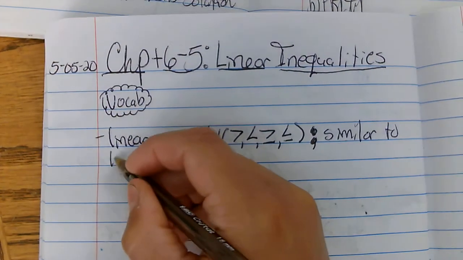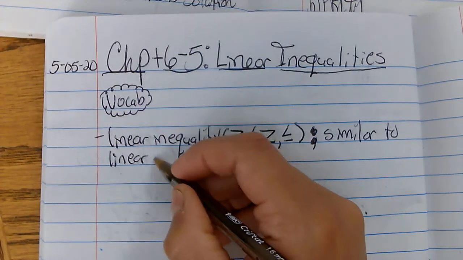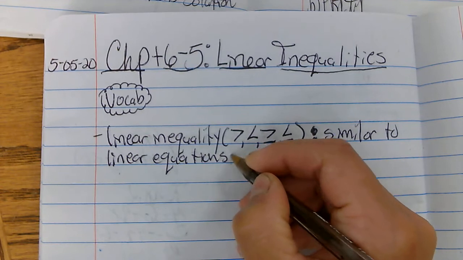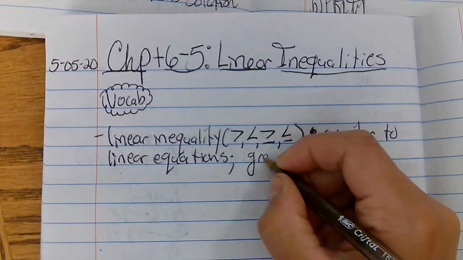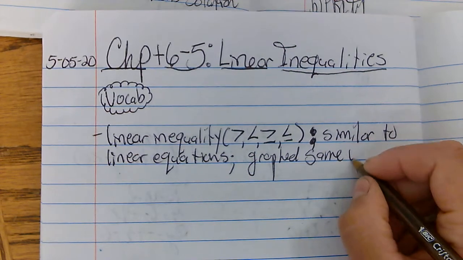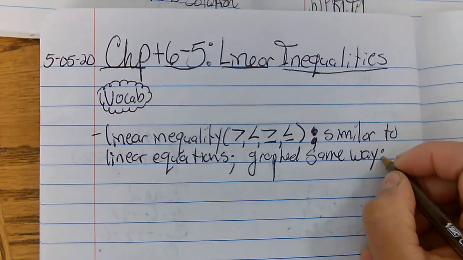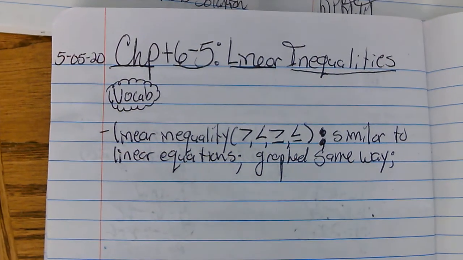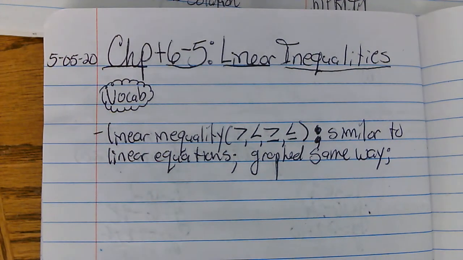to linear equations like we've been dealing with. And they are graphed the same way. Okay? There are a couple slight differences which we will talk about when we get to that, but you graph them pretty much the same way you would a regular equation.